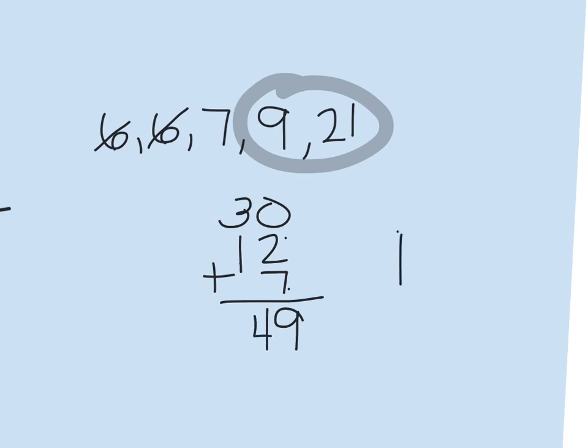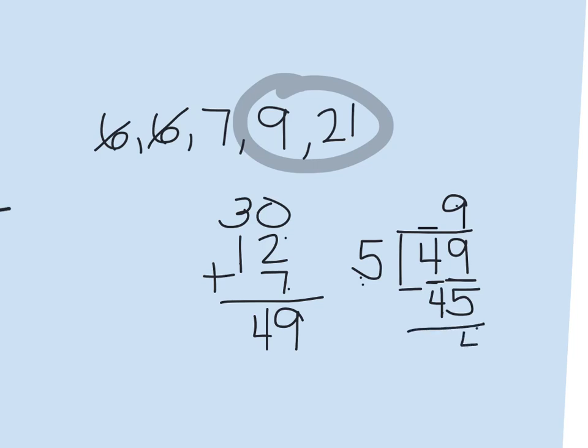Now this one, because I just made up the numbers, is not going to divide perfectly even because I'm going to divide it by 5. And so 5 does not go into 4. 5 does go into 49, and that is 9 times. 9 times 5 is 45. Subtract, you get 4.